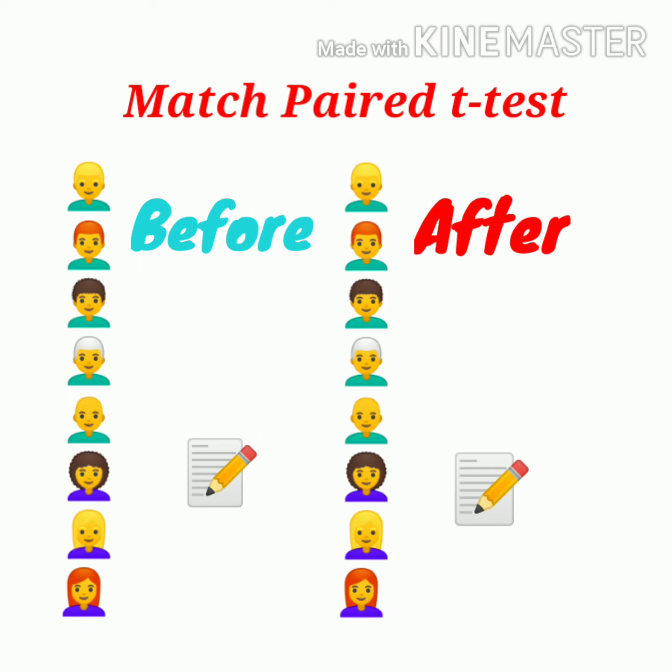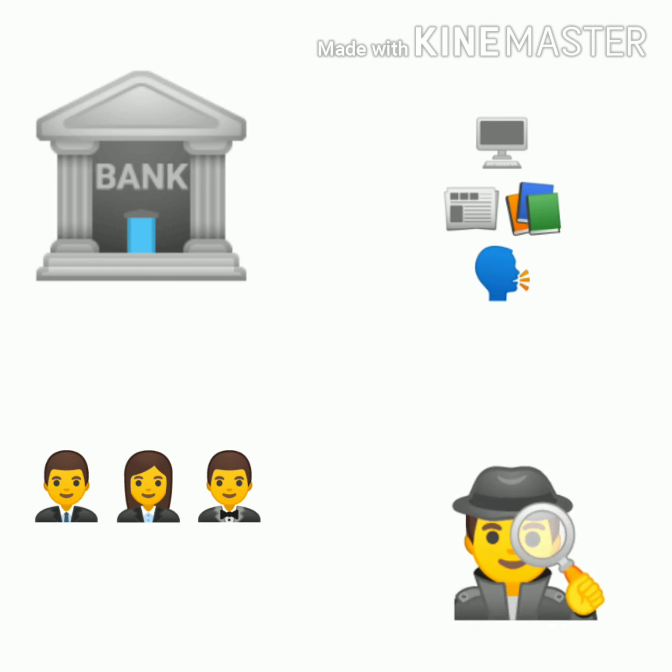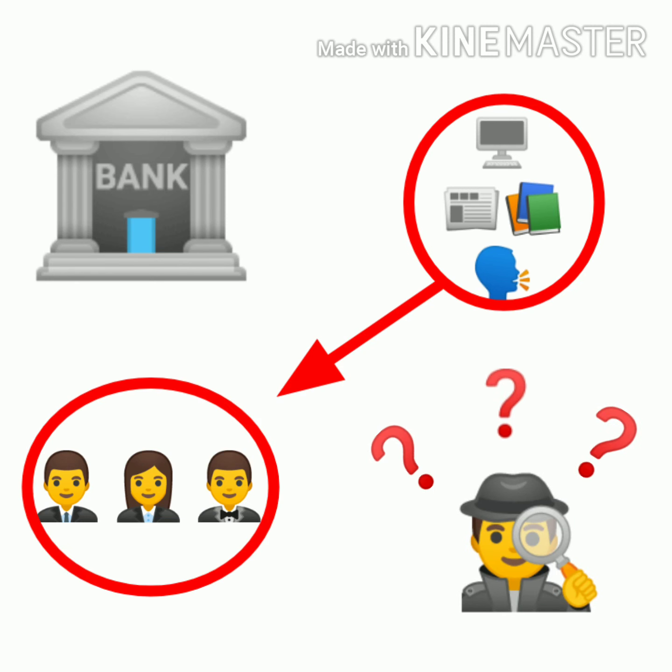For your further clarification, I will take one example. A company wants to impose a training course for the development of the skills of their employees. Now the company wants to verify whether the training course improved the performance of the employees or not.